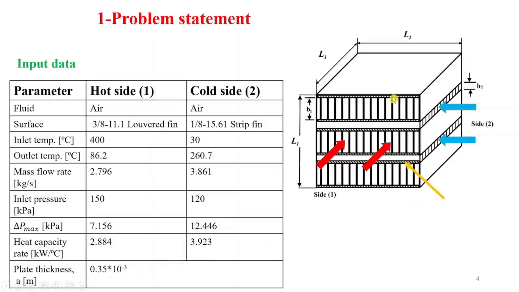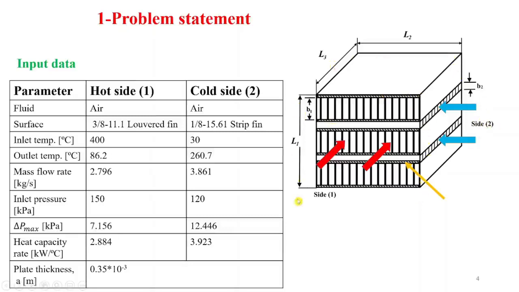Here in this diagram we show the red arrows for side 1, which is the hot side, and also the blue arrows for the cold side, which is side 2. The dimensions here are, as we said, for the hot side the frontal area is L1 times L2, and the frontal area for side 2 is L3 times L1.